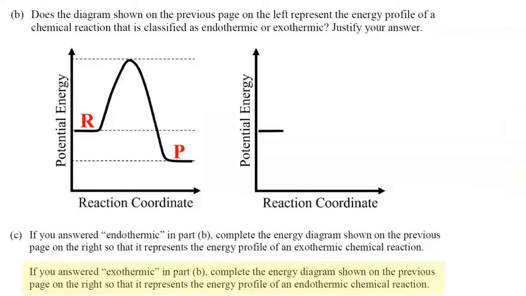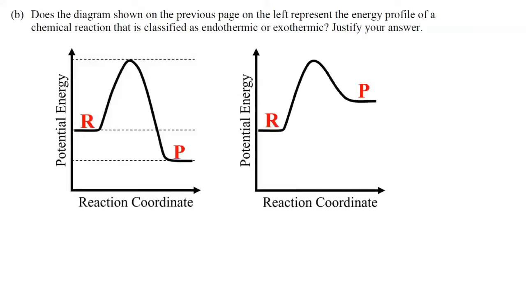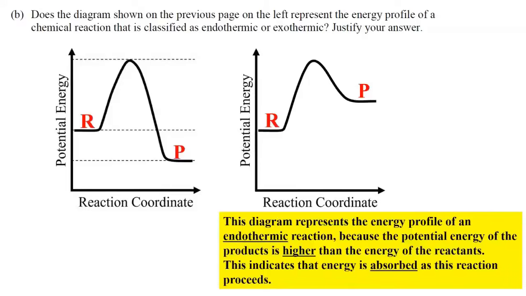So now we want to show that after climbing over that hill, after proceeding through a transition state, we'd like to finish at a certain level where the products are located. They should be not lower than the reactants, but rather higher than the reactants. So this diagram on the right represents the energy profile of an endothermic reaction because the potential energy of the products is higher than the energy of the reactants.